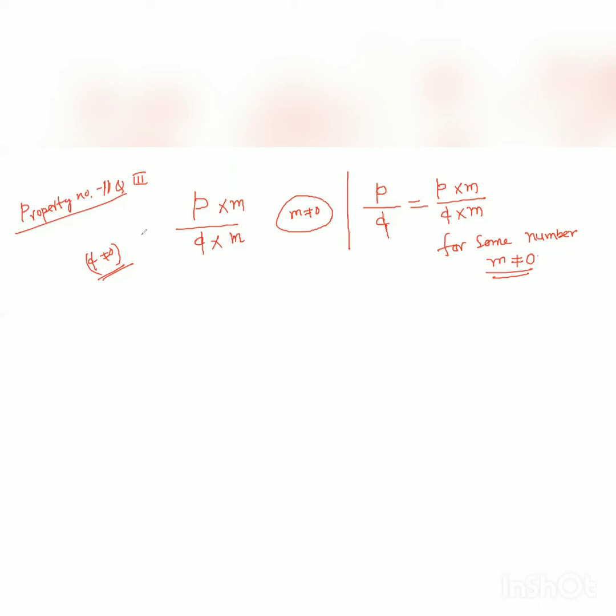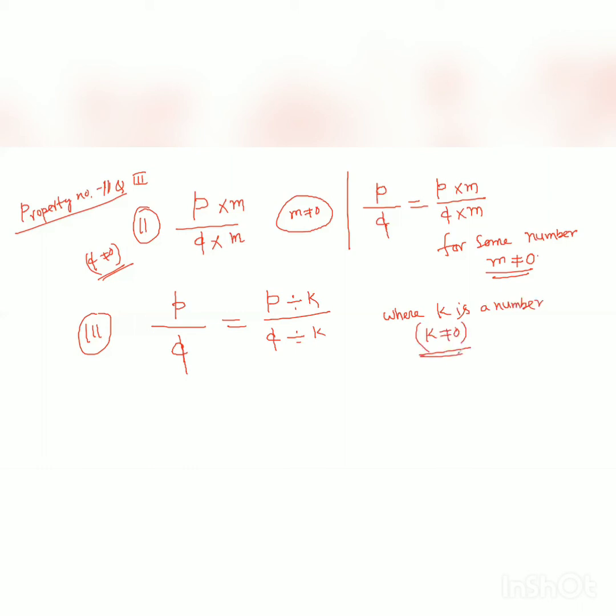Similarly, property 3 says that we can also divide: p by q is also equal to p divided by k over q divided by k, where k is a number, generally an integer, and k is not equal to 0. These are the second property and third property.